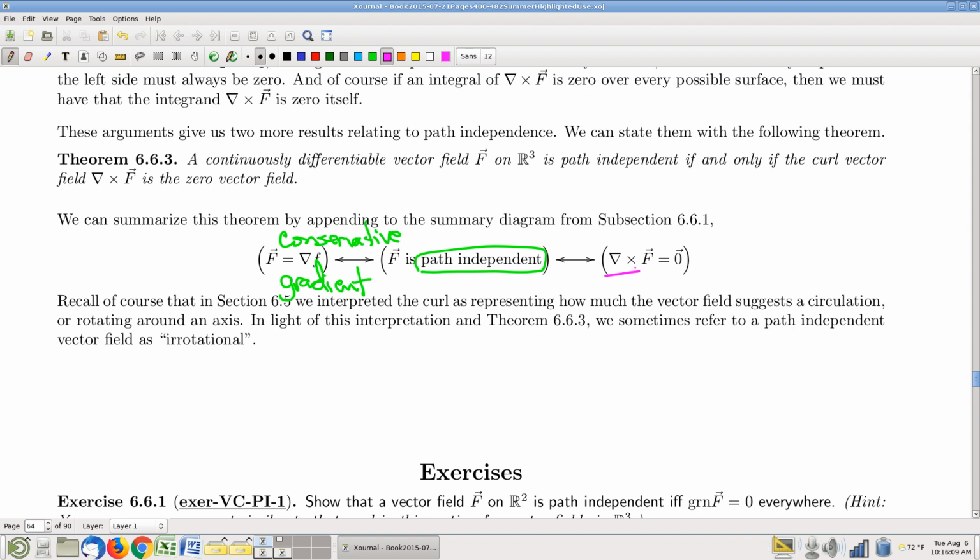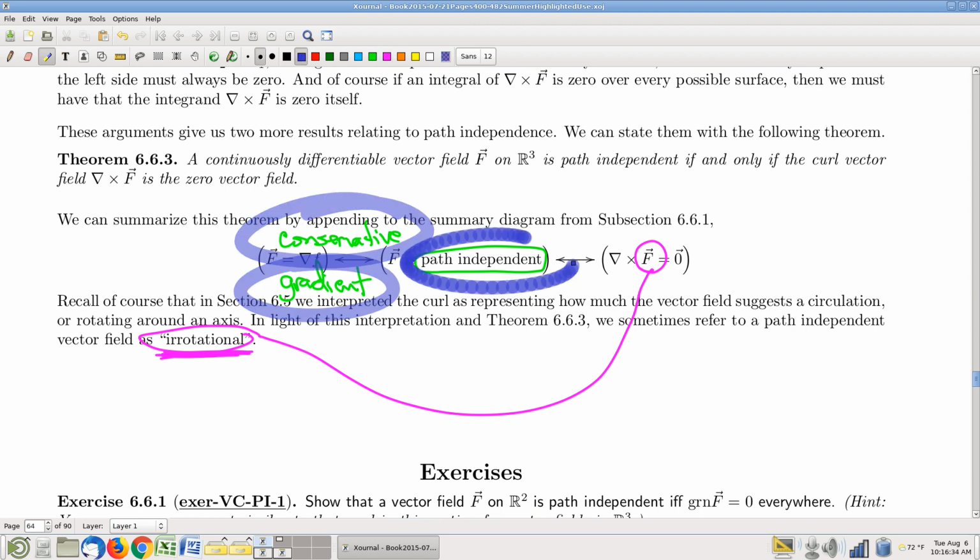So if you say that the curl is 0, what we're saying is that the vector field doesn't have any of that twisting, spinning, rotating aspect to it. And so a common term for that is irrotational. So heads up, now you see here 4 different words that you're going to see in different contexts, all of which mean pretty much the same vector fields.